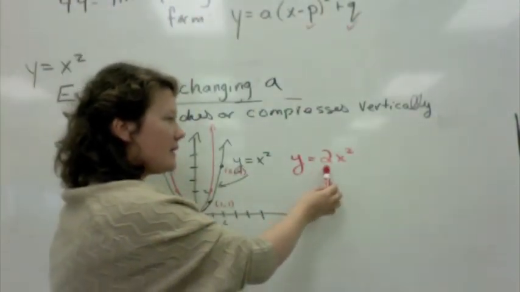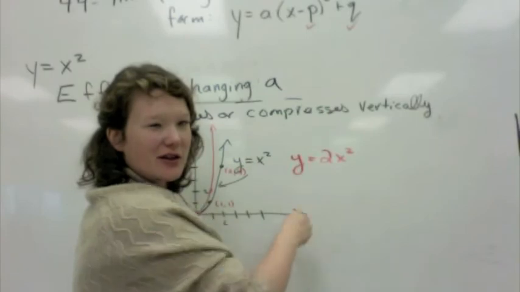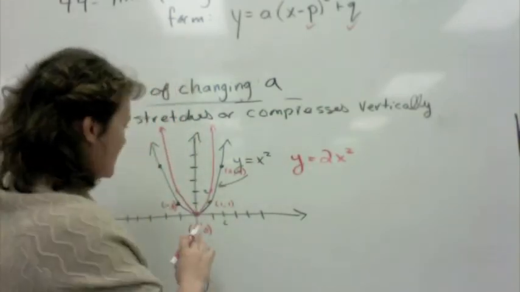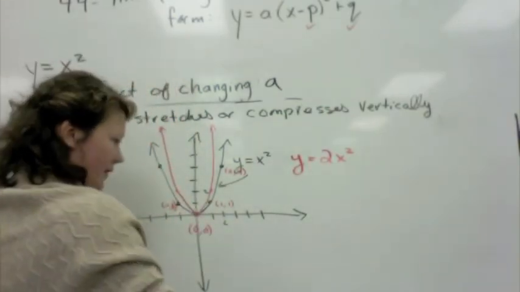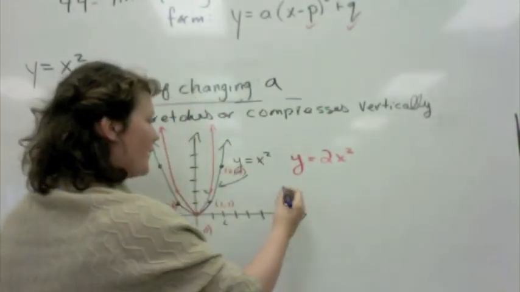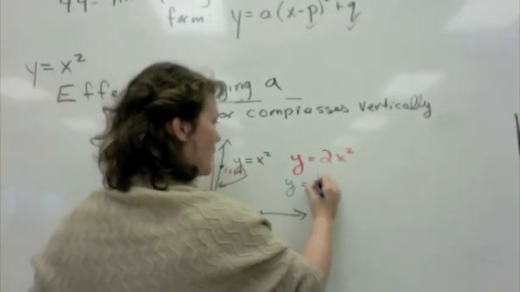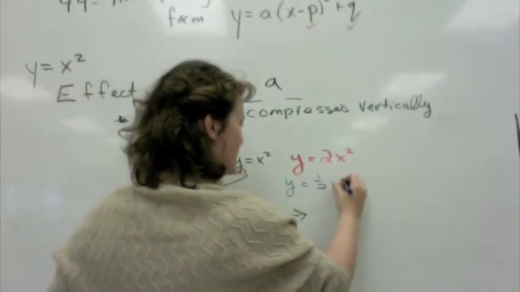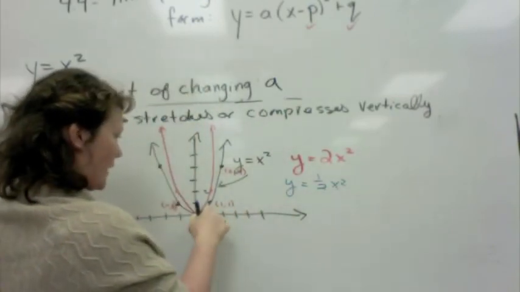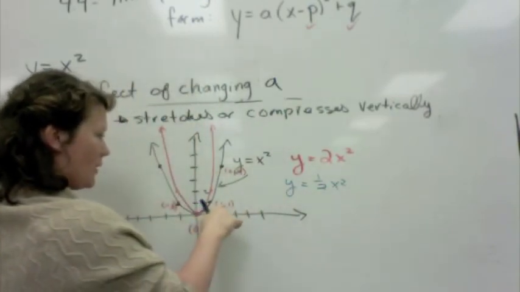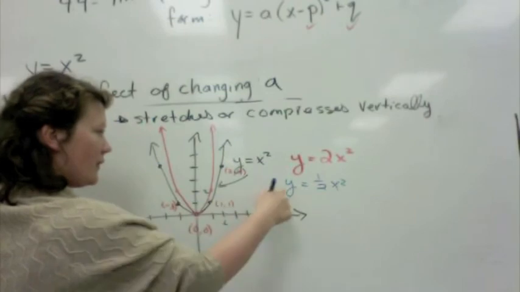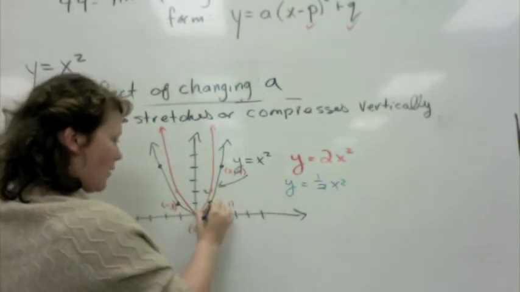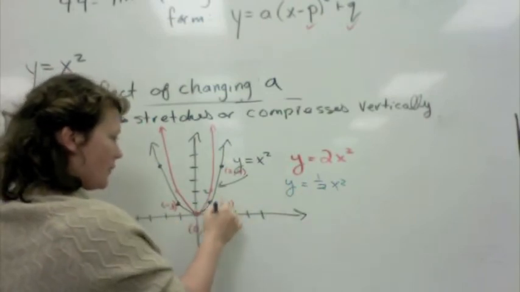When this number is a fraction, what actually happens is it gets a little bit wider. So if I were to have y equals 1/2 x squared, I would say, okay, this original one is 1, comma 1. Well, with the half, I'm going to multiply the 1 by 1/2.